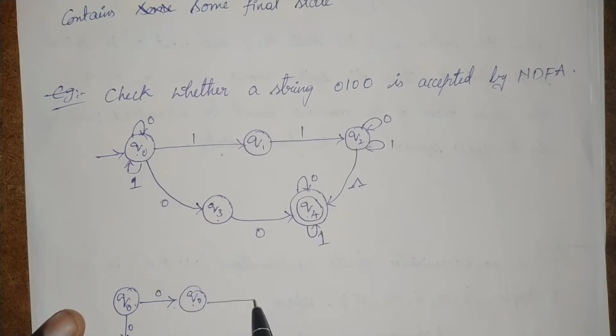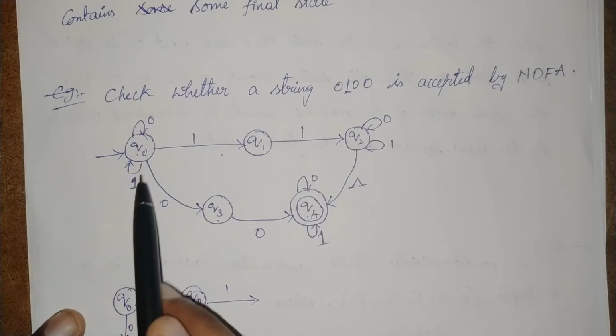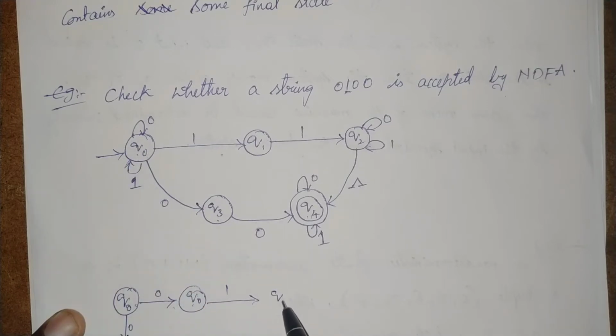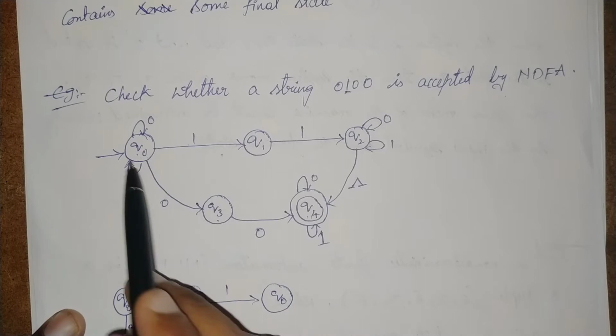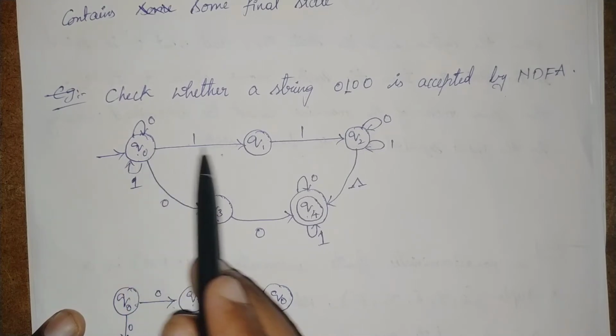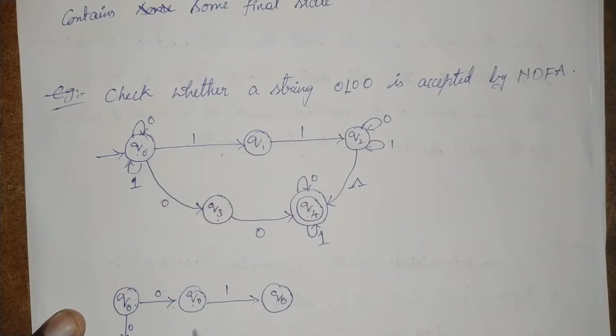And again, next is 1. So when input 1 is applied to the state Q0, it moves to either Q0 or Q1.